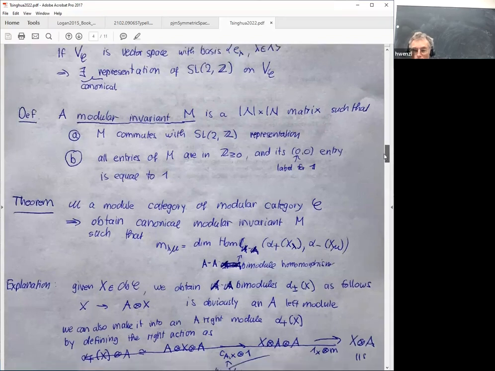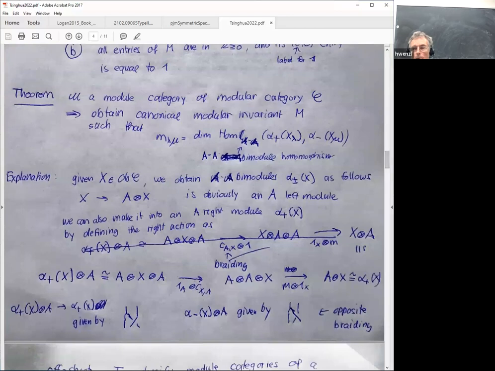Okay, let me briefly outline how these are obtained. So given an object X in our category C, we want to construct an AA bimodule.